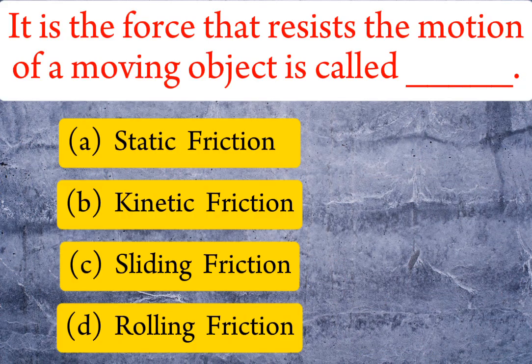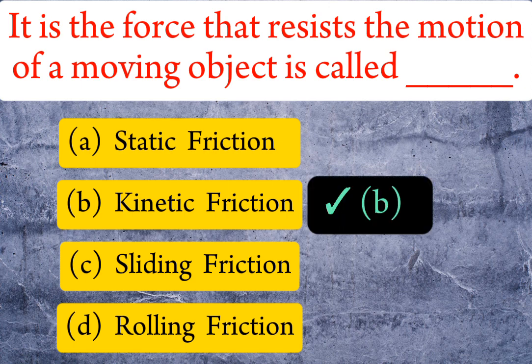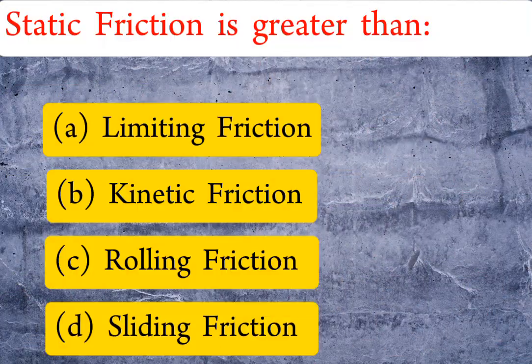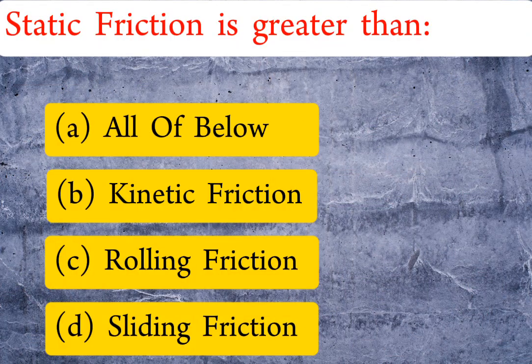It is the force that resists the motion of a moving object, called: A) static friction, B) kinetic friction, C) sliding friction, D) rolling friction. Static friction is greater than: A) all of below, B) kinetic friction, C) rolling friction, D) sliding friction.